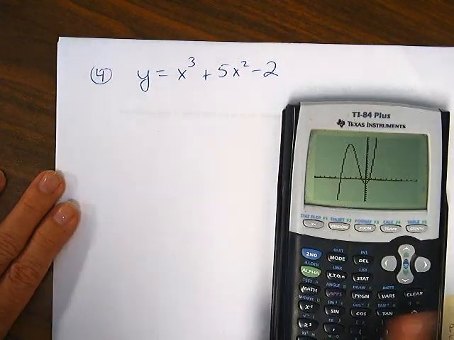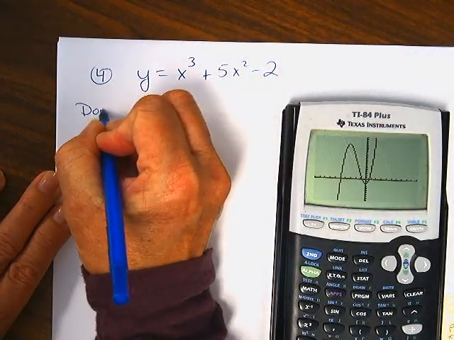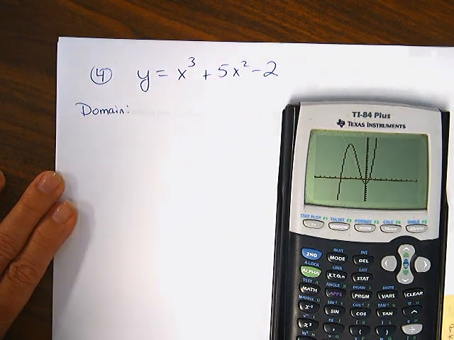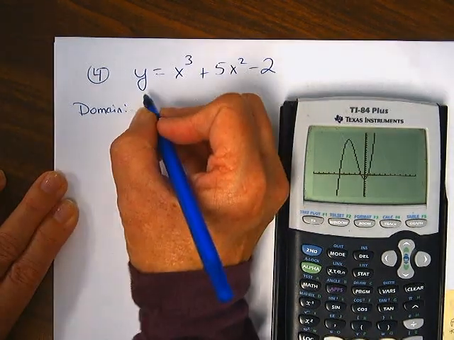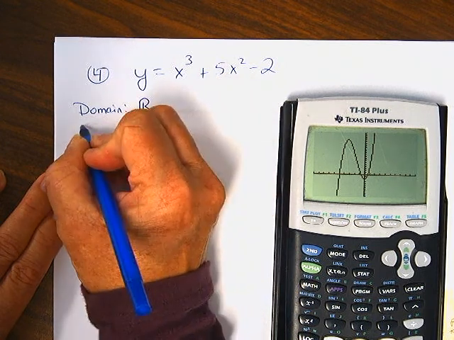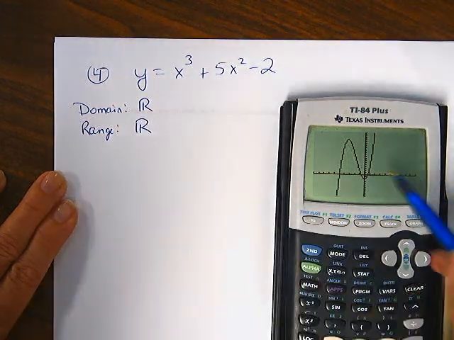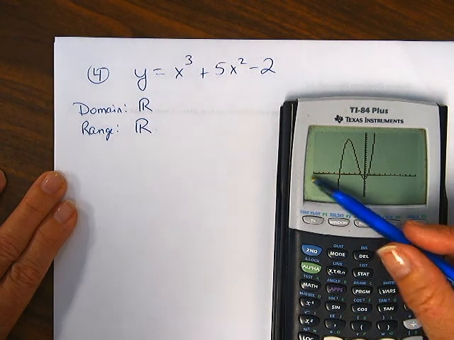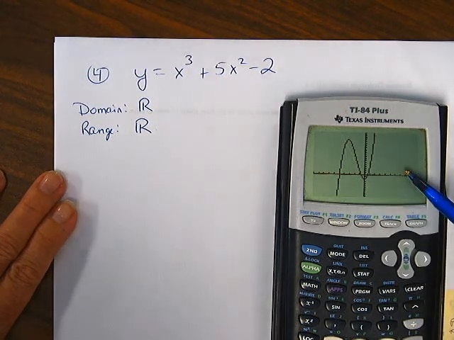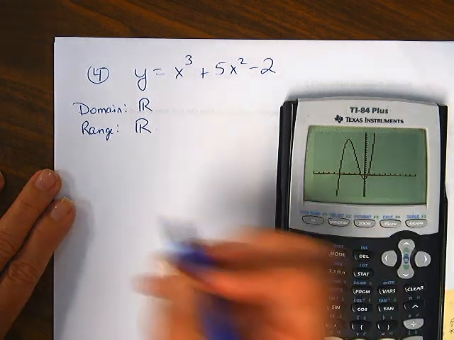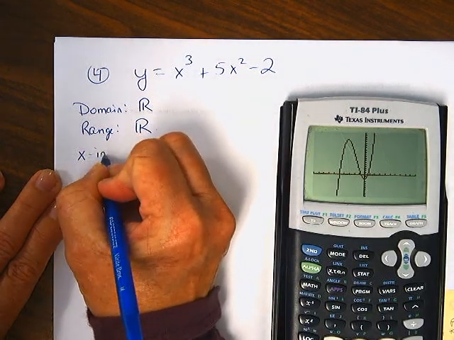Okay, so domain. What does it look like? All real numbers again. And our range is all real numbers. So we can keep going to smaller and smaller x's and bigger x's. Everything still works. Okay, x-intercepts.